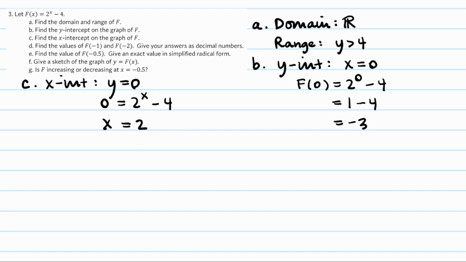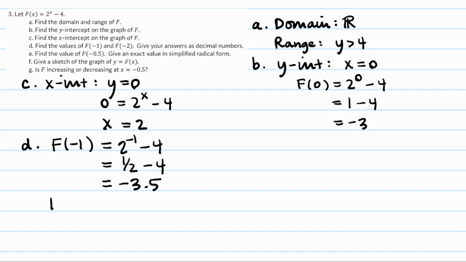Now, I think we're going to just have a brief interlude of approximating function values. That's not going to really be important for my sketch, but f of negative 1 is going to equal 2 to the negative 1 minus 4. Okay, 2 to the negative 1 is 1/2. So if I have 1/2 minus 4, as a decimal, that's negative 3.5. And then if I take f of negative 2, something pretty similar is going to happen.